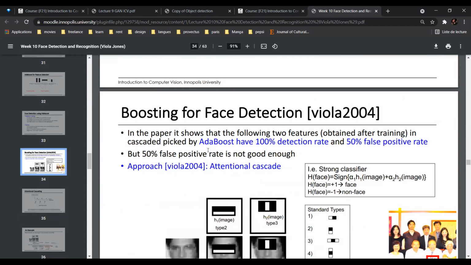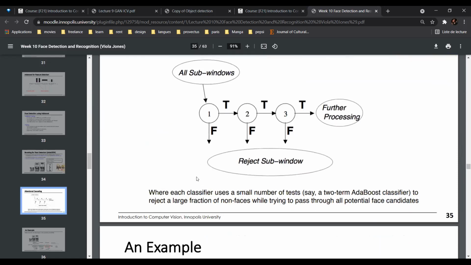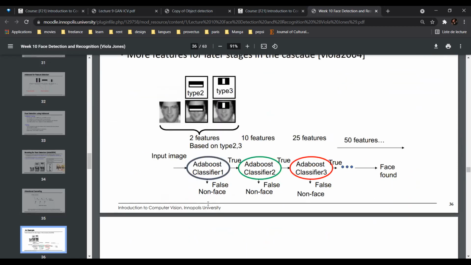We saw that it gives a 100% detection rate, so it detects all the faces, but it has a high false positive rate. So we use this attentional cascading, meaning we try with two features and see if it's a face or not. If it's not a face, we reject it.